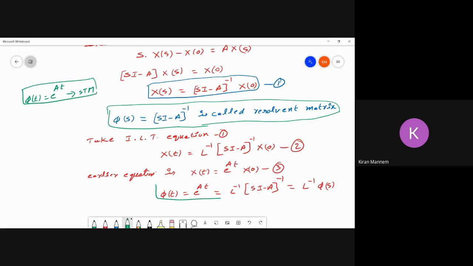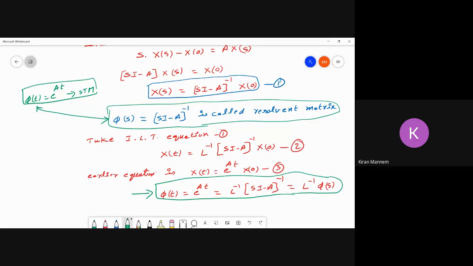A very important relation, so we use this relation to solve the problems. Your resolvent matrix, pi of s, is nothing but the Laplace transformation of pi of t, or your pi of t is equal to the inverse Laplace transformation of your pi of s. So this is a very important relationship.